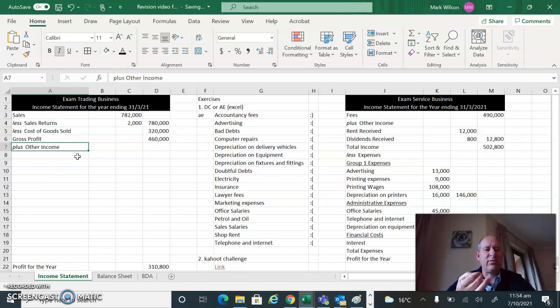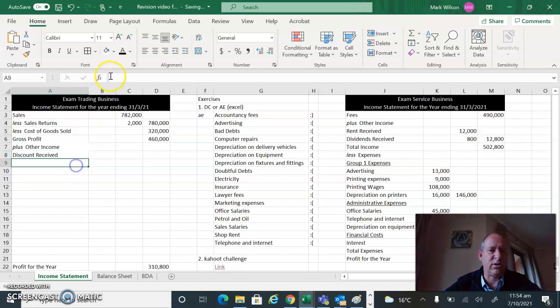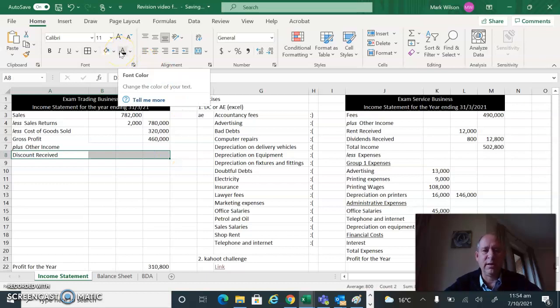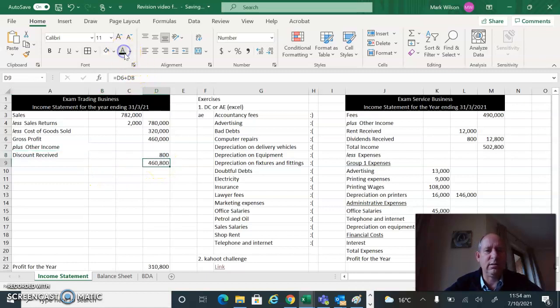So we've got discount received, rent received, income received, commission received. In this case, we've just got the discount, I think. And a discount received, other income, it's a discount to us. Because there's only one figure, we'll put that figure in the end, and we're going to add that onto our gross profit.